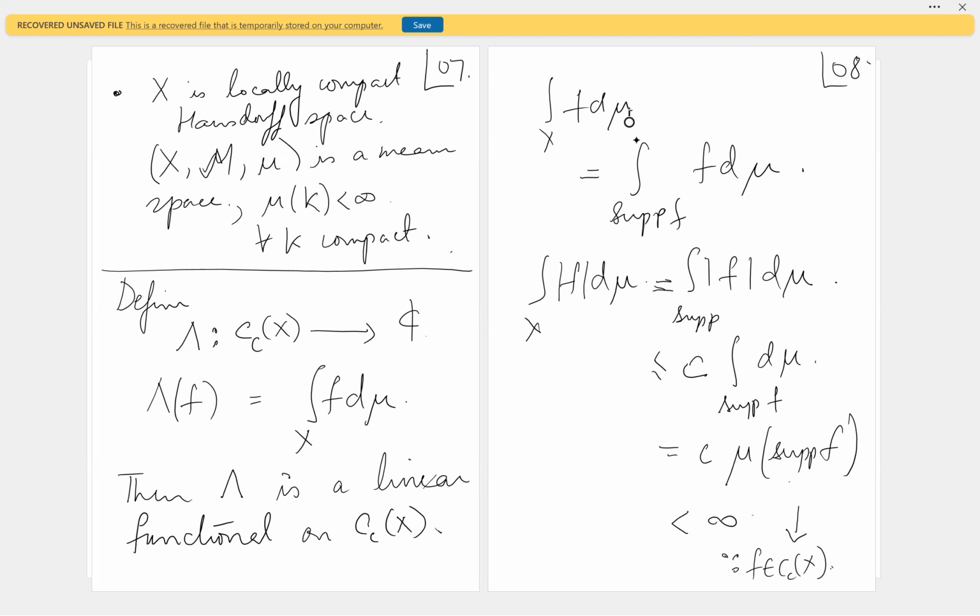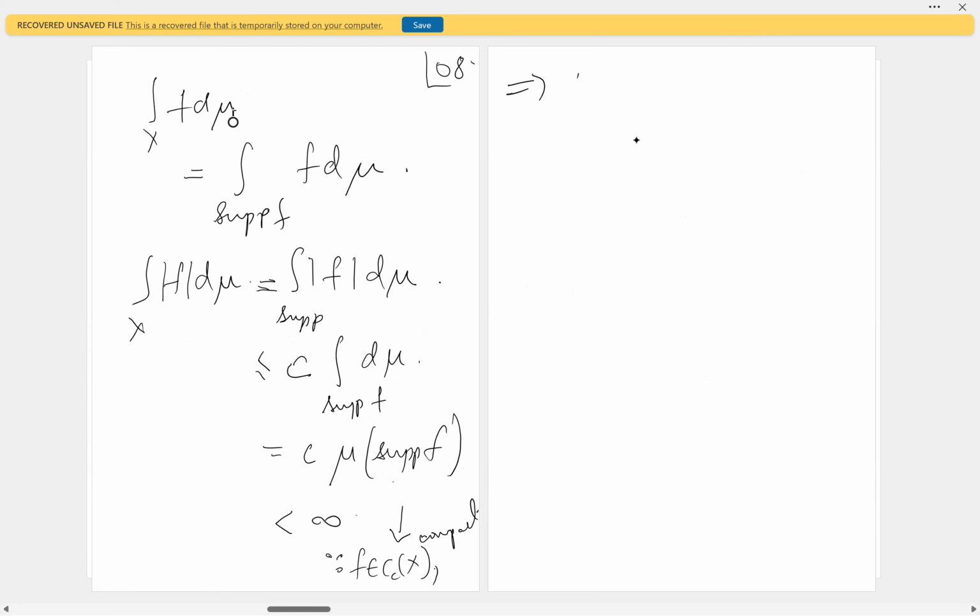So this is compact, and we said that we are assuming this property for mu. So this mu(K) less than infinity for K compact is sort of just to show this delta is a linear function. I need such things. So it's a desirable property to have. Okay. So this is a linear function on C_c(X). Linearity will follow. So this means, of course, I should write this implies f is integrable.